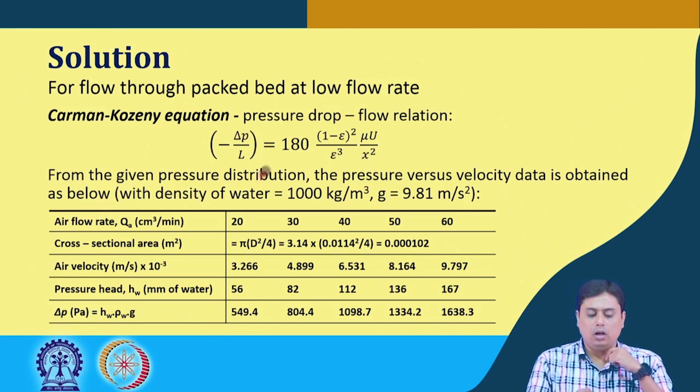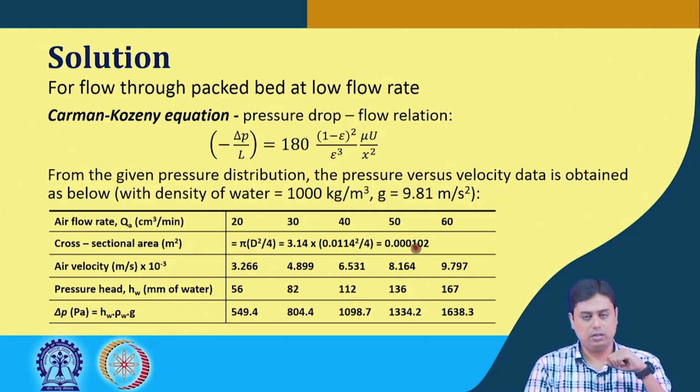So that means air flow rate is given. The cross sectional area we can find out because the diameter of the cylindrical apparatus is mentioned. If we have this, we can convert this air flow rate to air velocity, the superficial velocity. I have not shown all the detailed steps, but what can be done is that cc per minute, centimeter cube per minute, should be converted at first to meter cube per second.